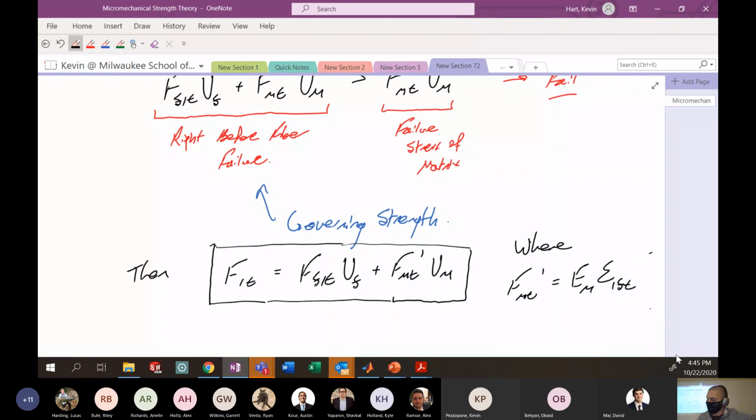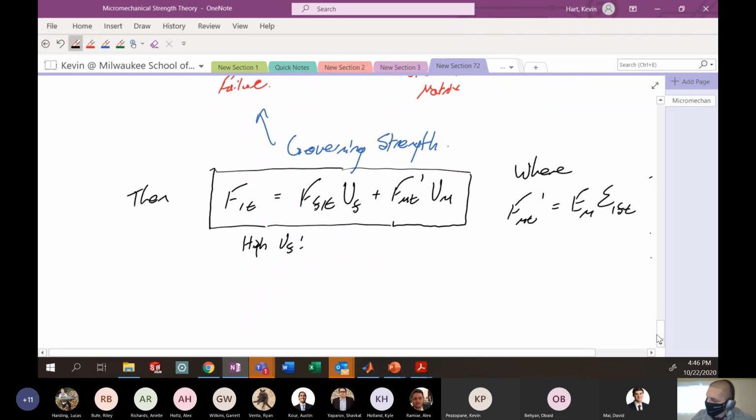So that's if we have very high VF. The other case, low volume fractions. In the case of low volume fractions, the amount of load that's actually being held by the fiber right when the fiber fails is very low.